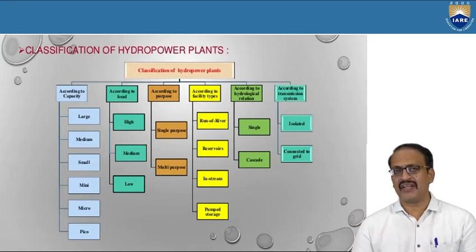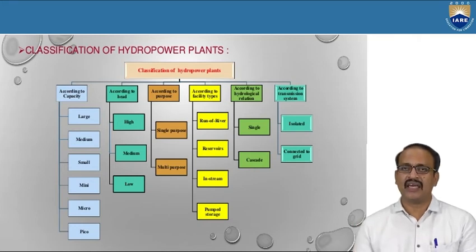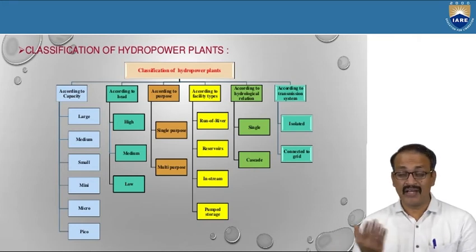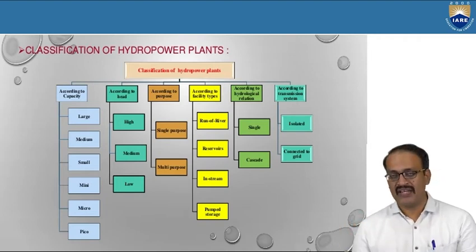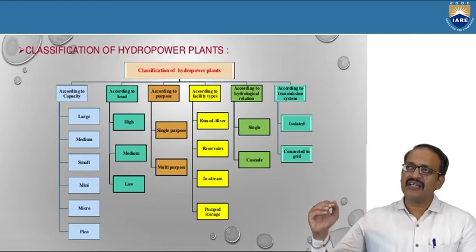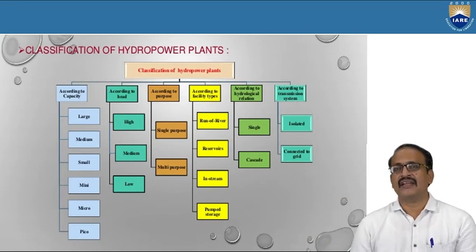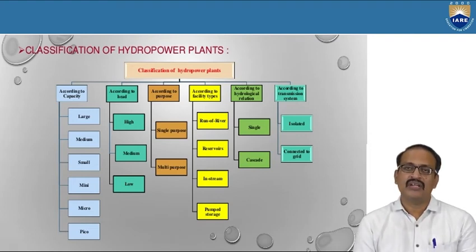This is the same for any, whether you are using hydropower, thermal power, nuclear power, solar power, or wind power. If the power which is generated is ultimately connected to the grid, then it is called a grid-connected power system. If it is not connected, it will become a standalone system or isolated system.